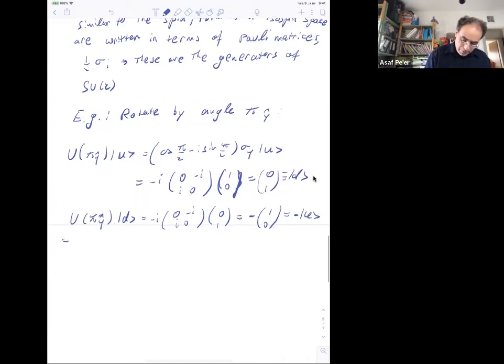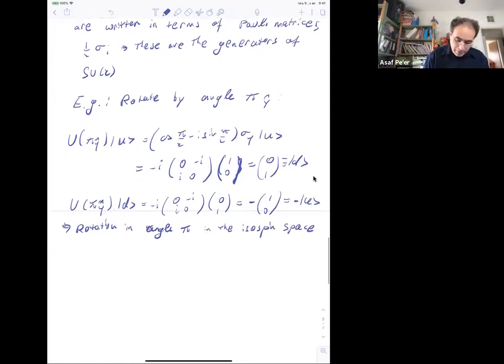The rotation by angle pi in the isospin space replaces I3 and adds a factor of (minus 1) to the power I minus I3.